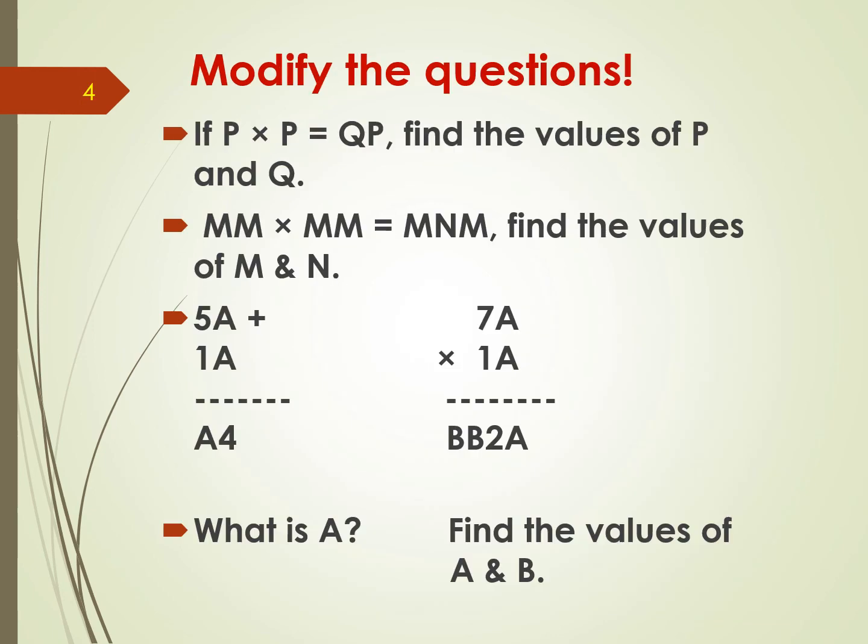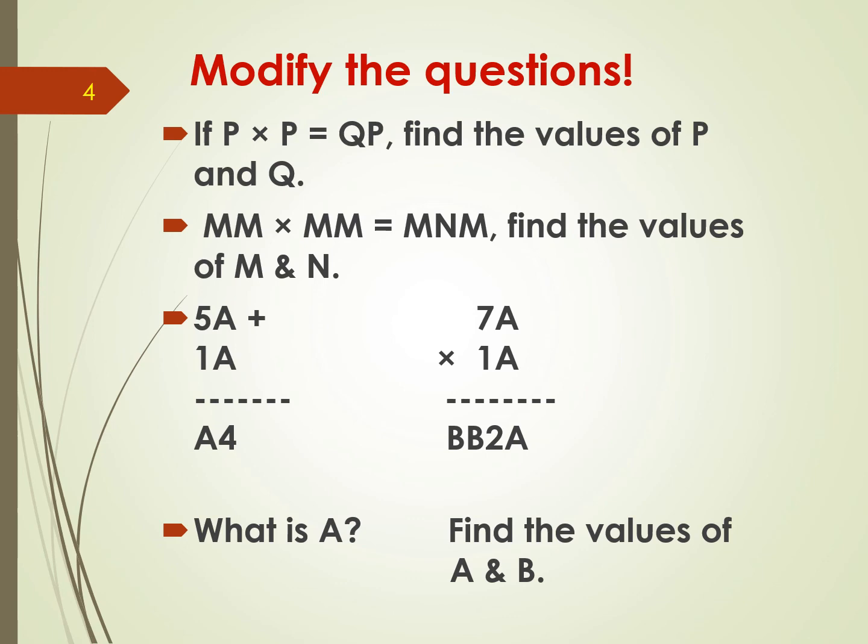We often ask the students some tables, but instead of giving them tables, we can ask them: if P times P is equal to QP, find the values of P and Q. Students have to think what times what, but in the answer, it will also have the same unit digit.